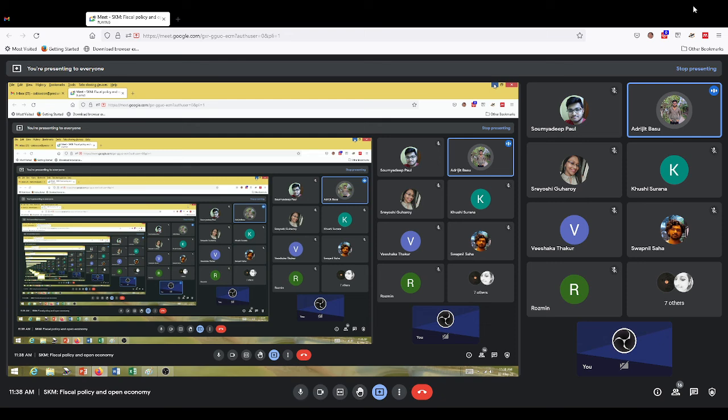By the way, Marshall and Lerner are two different persons, so you should hyphenate this. So if I go back to the earlier diagram, I know what is going to happen to export and import, but I don't know what is going to happen to the value of export or value of imports and to the balance of trade.